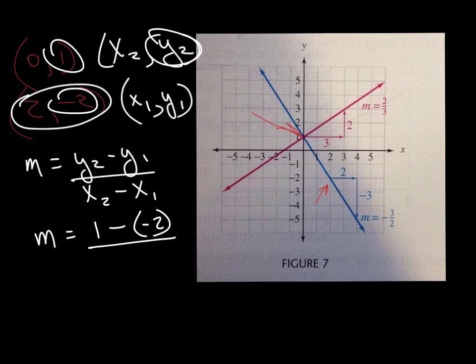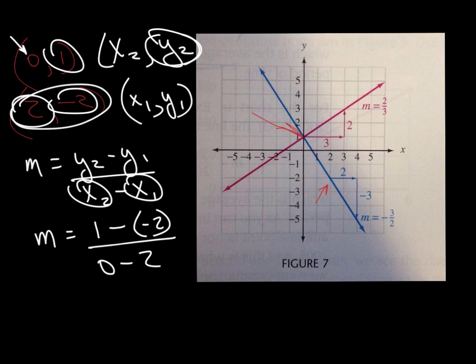We put it over the x2, which in this case is this one right here, 0, minus x1, which is this number here, the 2. So we took y2 minus y1, over x2 minus x1.